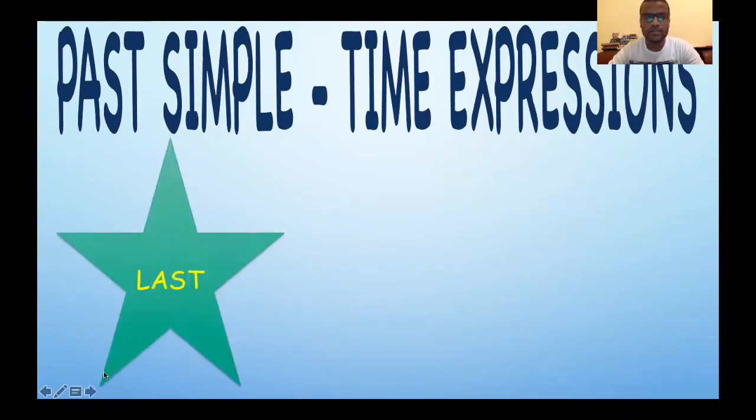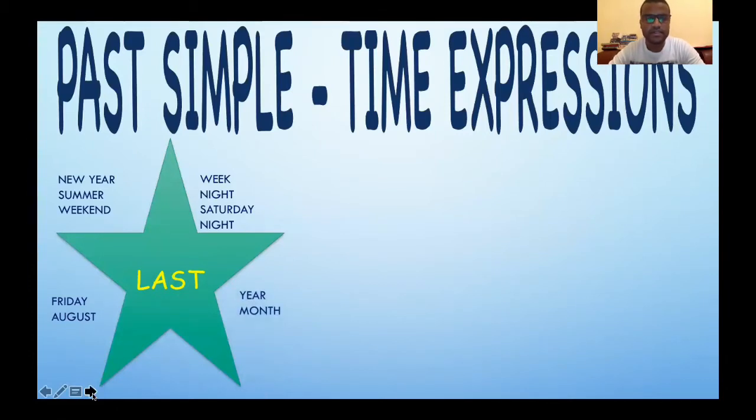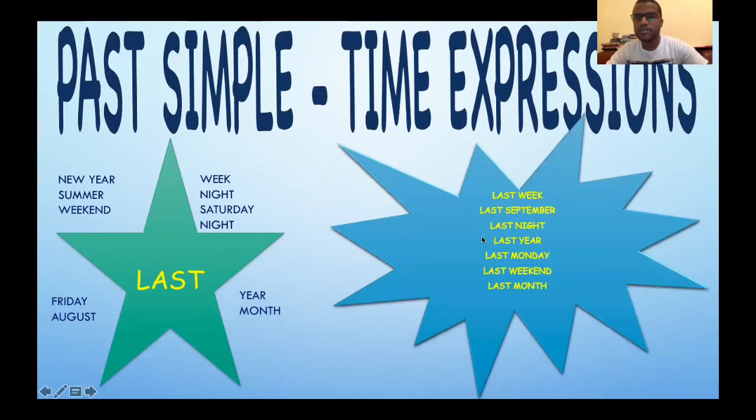For example, we use "last": last week, last night, last Saturday, last summer, last weekend, last Friday, last August, last year, last month, last September, last Monday. These time expressions refer to the simple past.